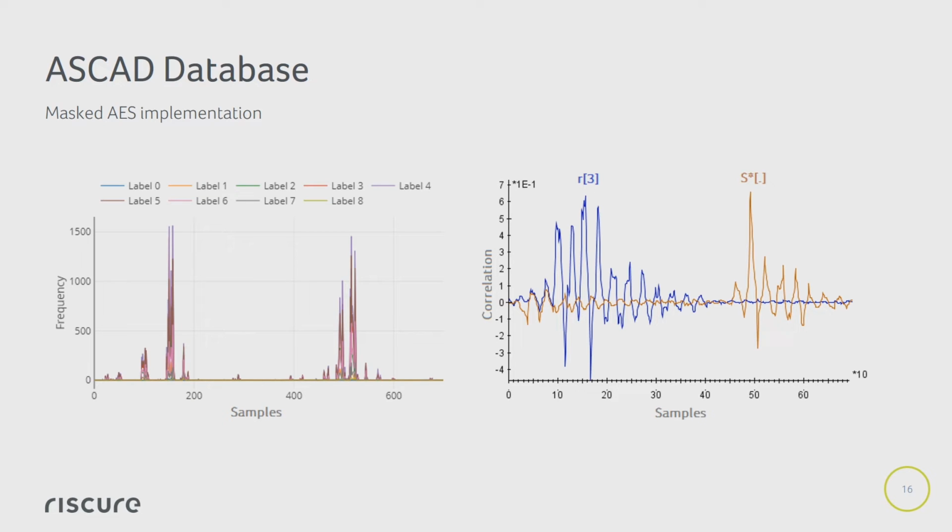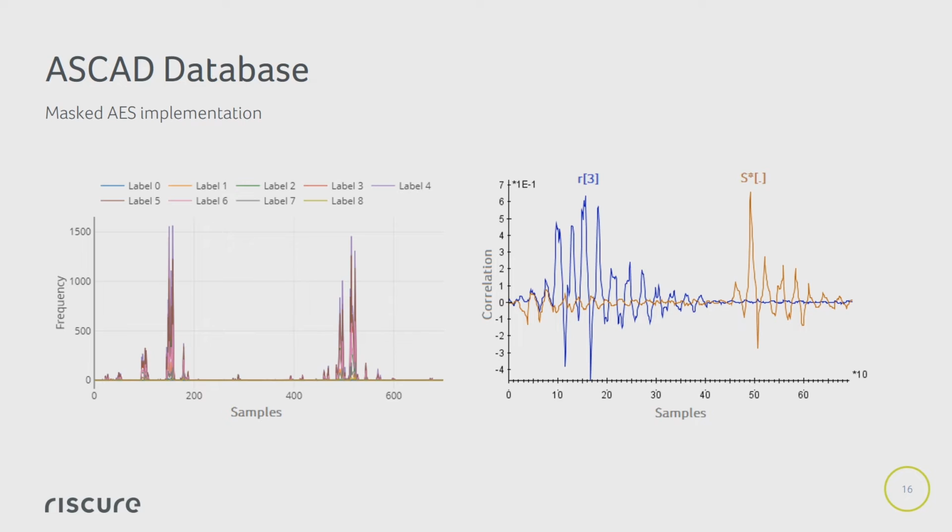And these are results on real traces. If this is the interval of the AES, I think byte 3, this is when the trace is processing the mask value. If you correlate to the mask value that is available, you see a huge correlation. And this is the output of the masked S box.